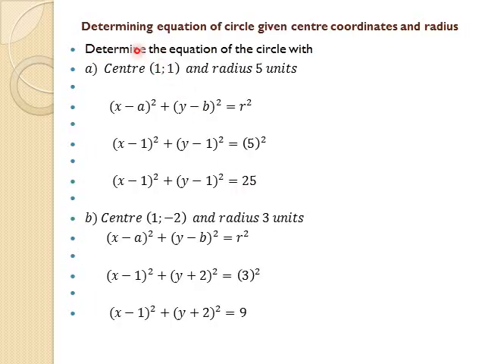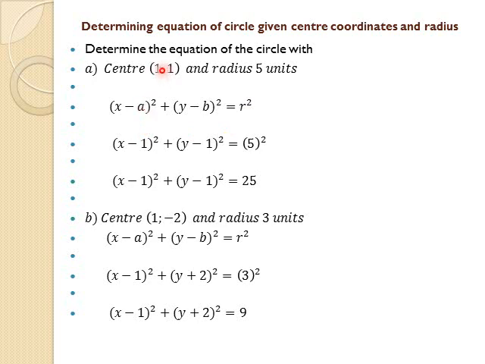Right, now in this set, we determine the equation of the circle, given center coordinates and radius. Determine the equation of the circle if we have a center (1, 1) and a radius of 5 units. The center is not (0, 0), therefore we have to use the equation (x - a)² + (y - b)² = r².